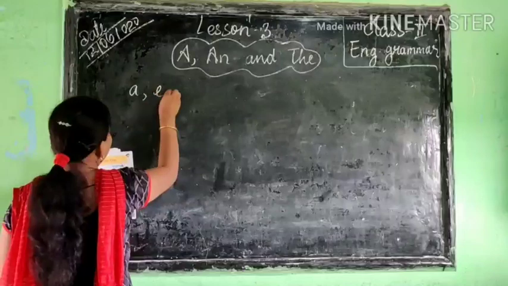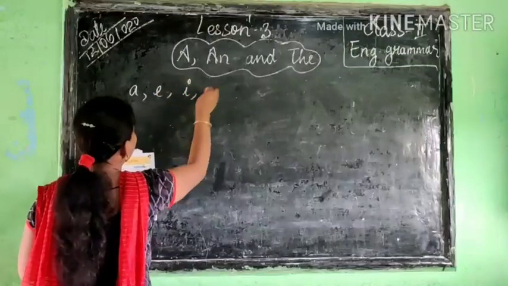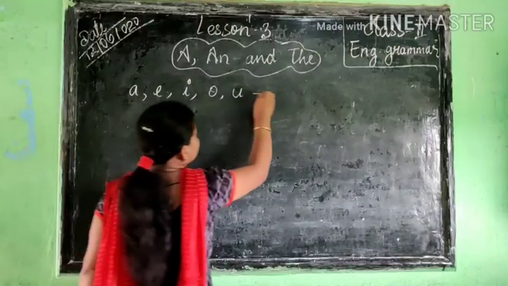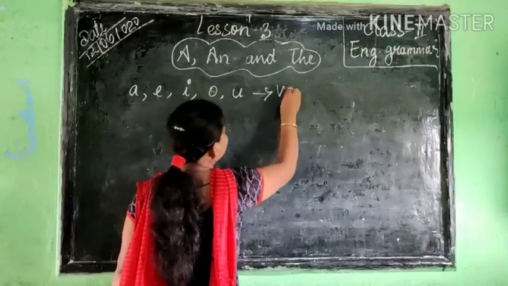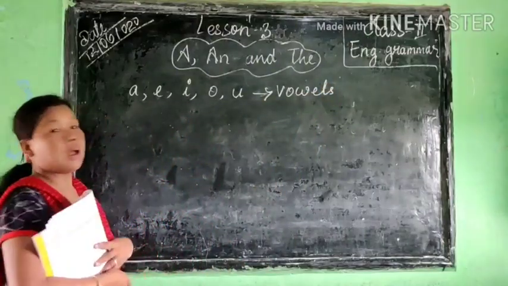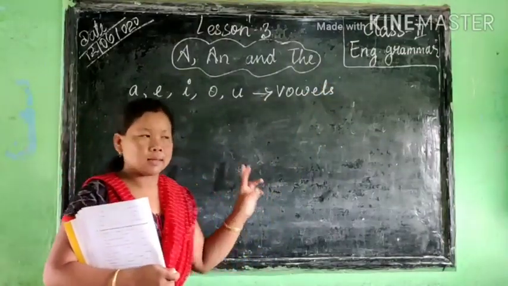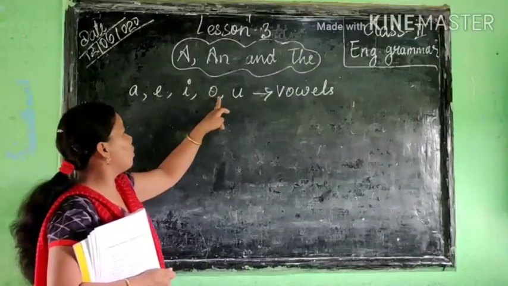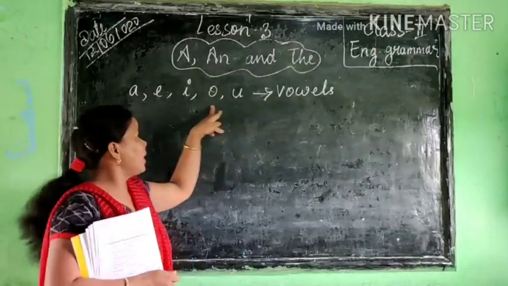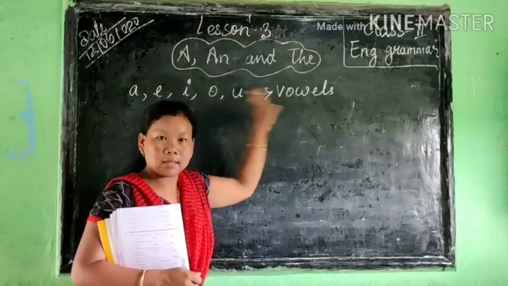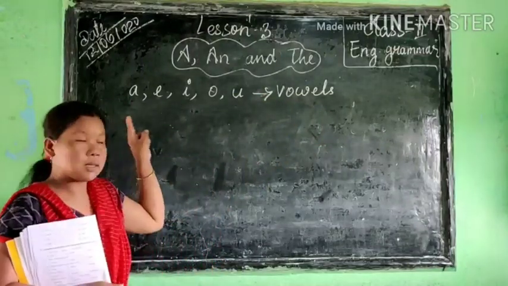A, E, I, O, U. वो 26 letters में से A, E, I, O, U ये लेटर्स को हम लोग वावेल्स कहते हैं. Understand? Remember which letters?